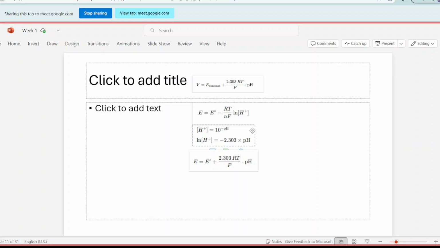When you consider ln Q as ln of the concentration of H, we all know that pH tells you about the concentration of hydrogen ions, and ln of the concentration of hydrogen ions can be given this way, which is why this equation is written and modified this way, the one on the top.